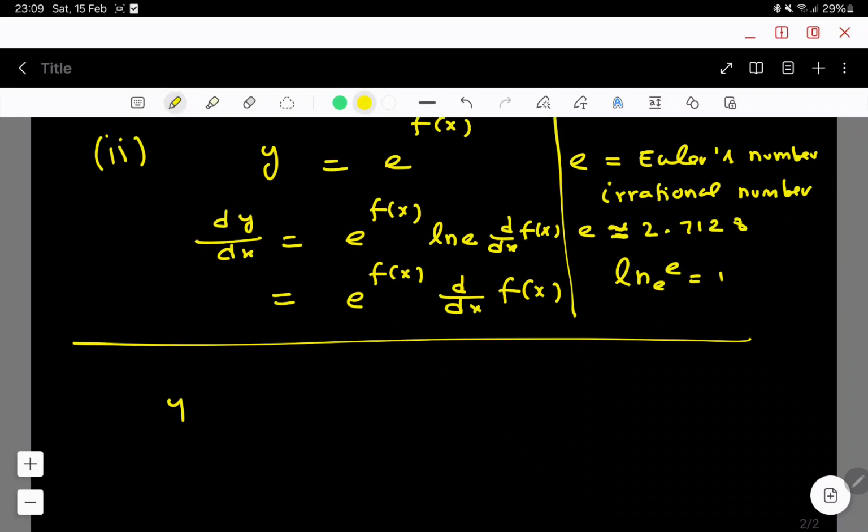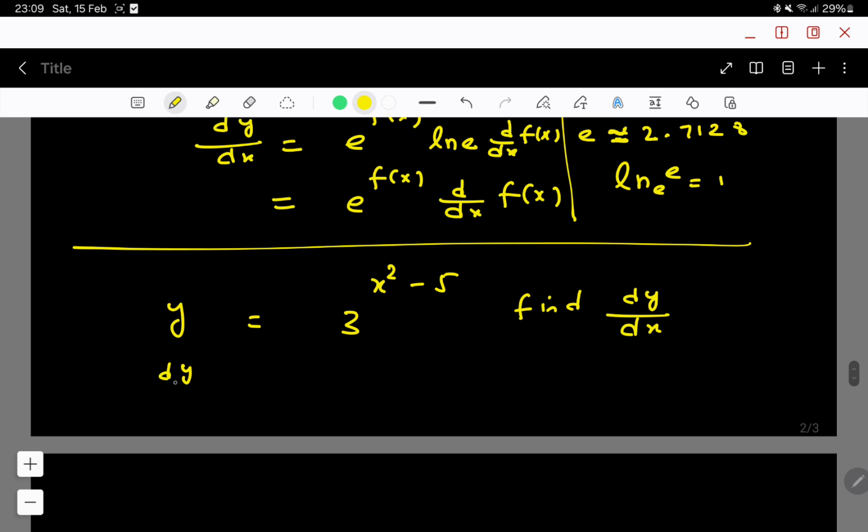For example, I am taking y is equal to 3 power x square minus 5. Find dy by dx. What is a? A is 3. What is f of x? X square minus 5. So we apply the same rule.